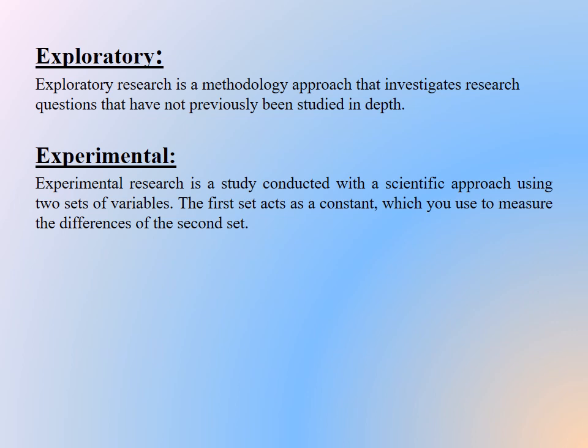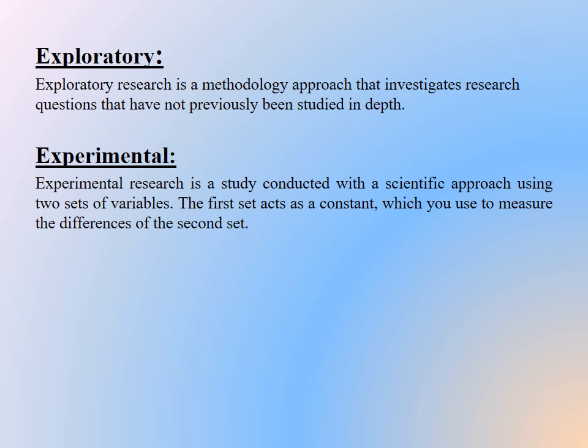Next is exploratory research. Exploratory research means to explore. That means the researcher would investigate research questions that have not been previously explored or studied. Next is experimental research. The term experimental has experiment in it.